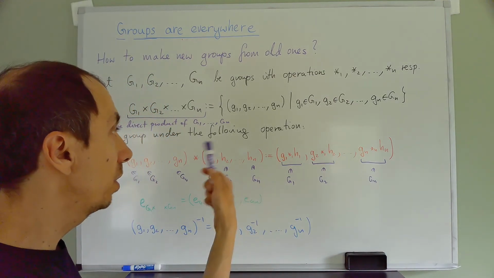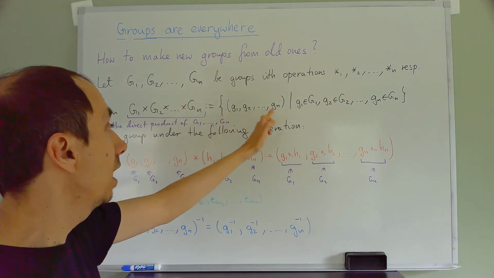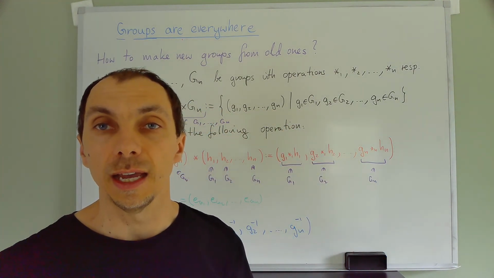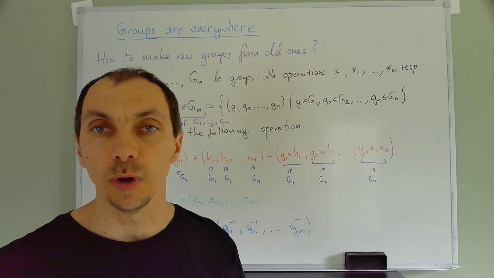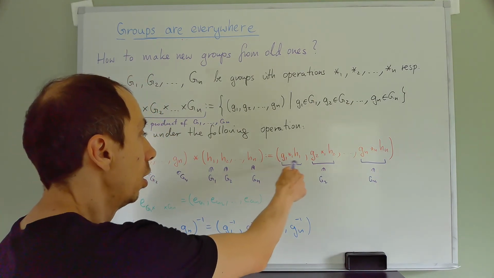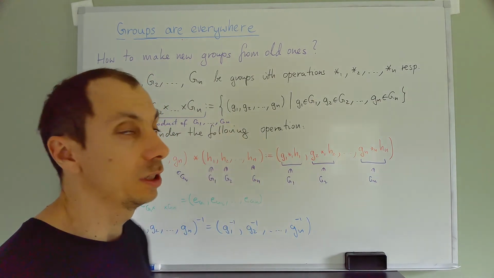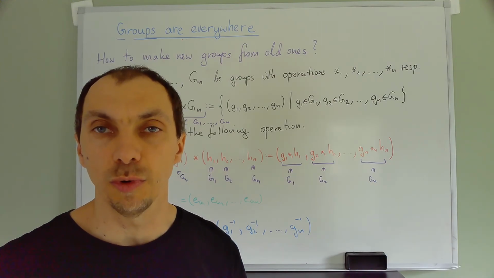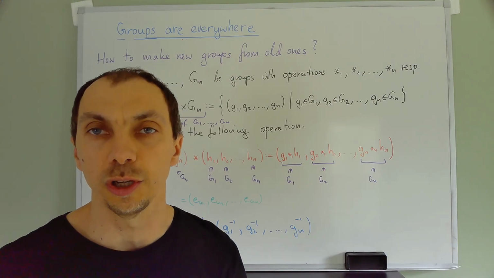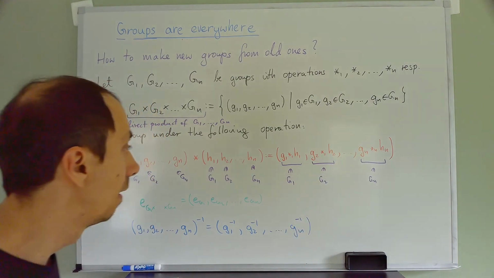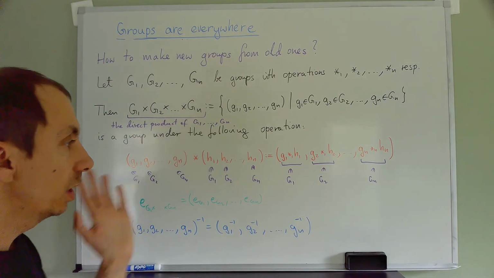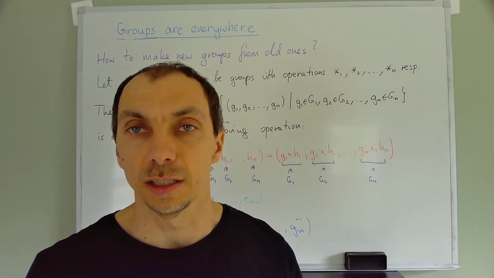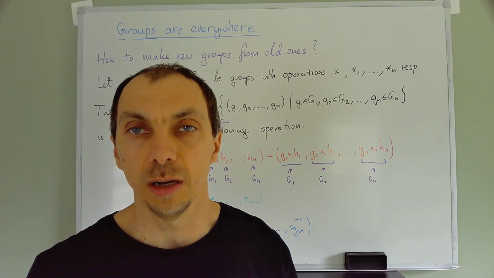So in some sense, one sometimes says that you just take these tuples and the operation is a coordinate-wise operation. That means that if the first coordinate belongs to G1, you do the operation in G1. The second coordinate is in G2, so you use the operation from G2, and so on.